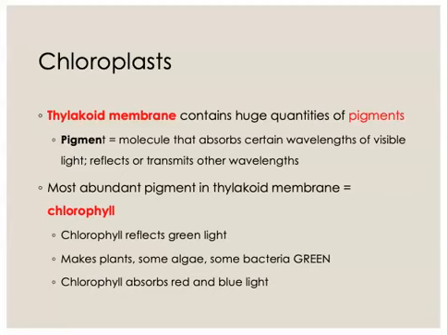It then either reflects or transmits the other wavelengths. Chlorophyll reflects green light. It makes plants and some algae and some bacteria look green to our eyes because of that reflected light. Chlorophyll is able to absorb visible light in both the red and blue wavelengths.